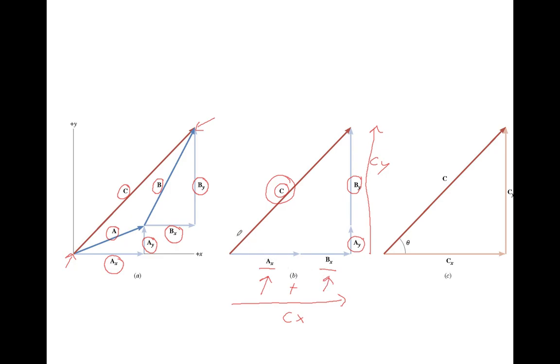So we simply break up the two vectors we're adding together into components and add the x components together and the y components together to get the resultant components for vector C. So then we have Cx and Cy.